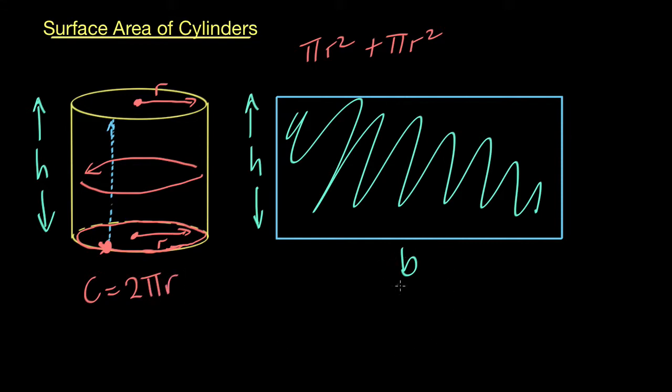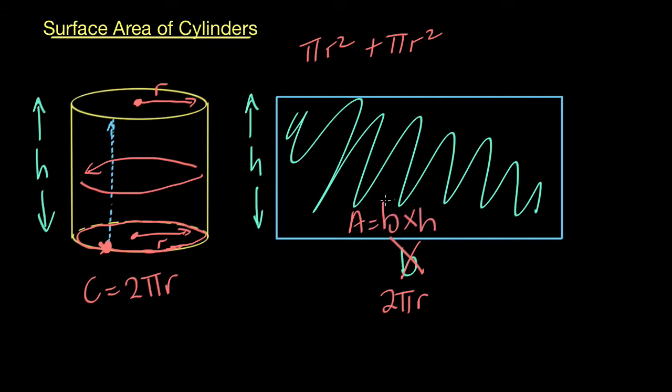So over here I've got B for the base length, but we just figured out that the base length is also known as the circumference for this shape. So I'm going to put a cross through the base. We don't want to use B because we don't have B over here. What we've got is 2 pi r. Now we normally say the area of a rectangle is base times height.